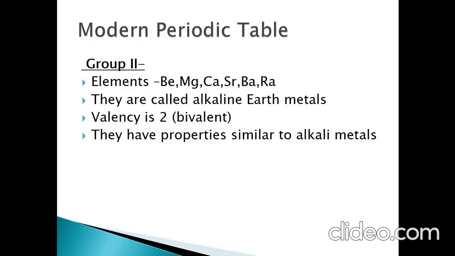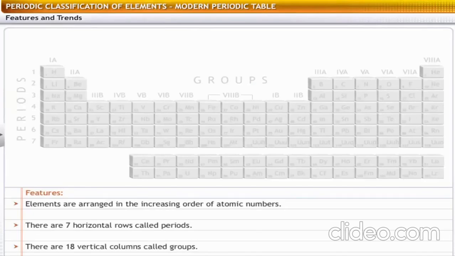So this is all about group 1 and group 2. Group 3 to 12 you are not supposed to study. So you have to remember the names of the elements present in different groups.